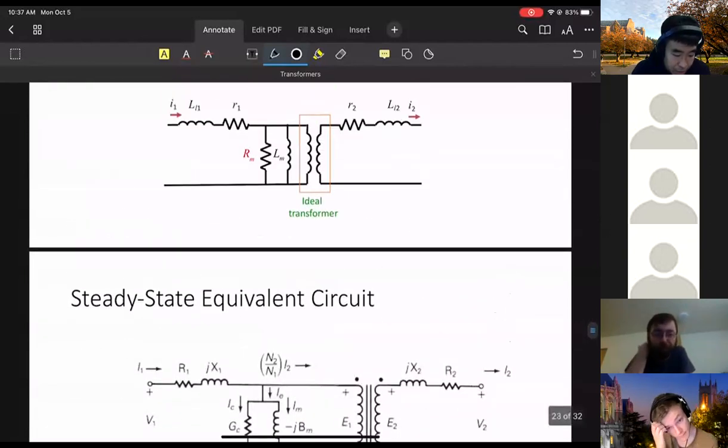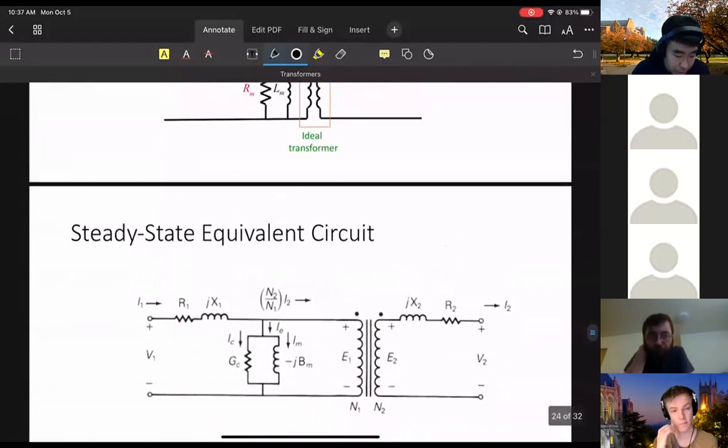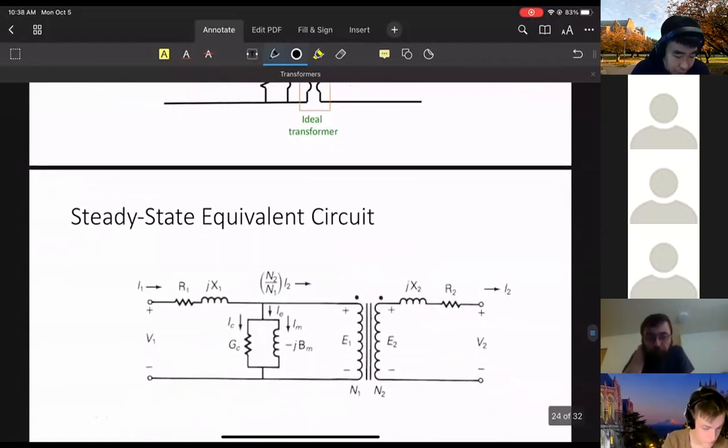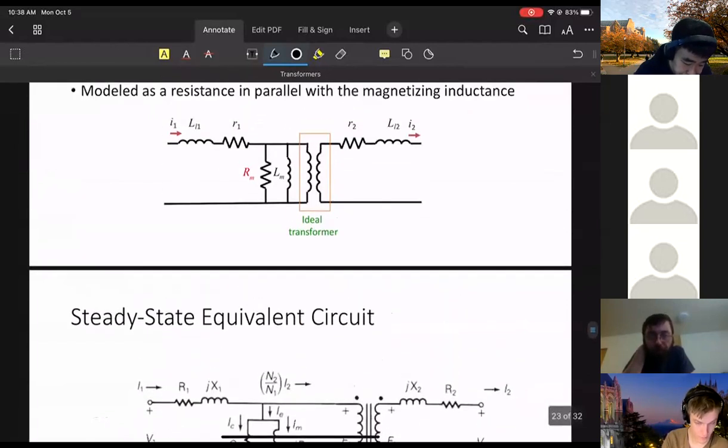Of course, we can now do everything in sinusoidal steady state. We can do a steady state analysis. Instead of looking at inductance L, we can look at things like jX1. So we have series branches represented by impedances. We also have shunt branches.